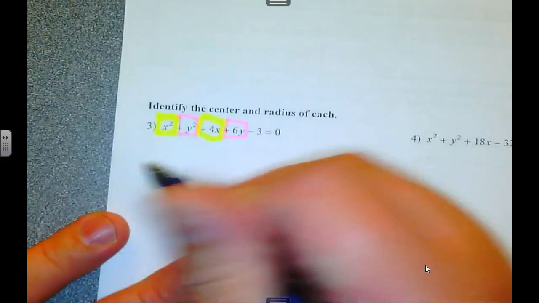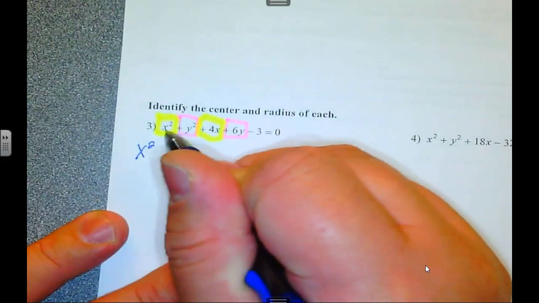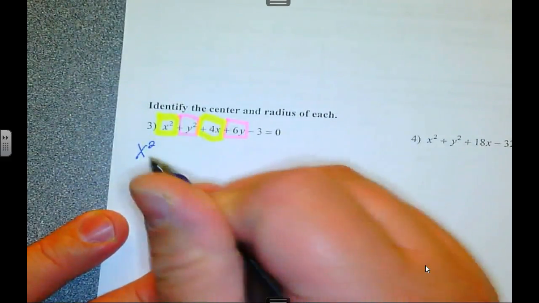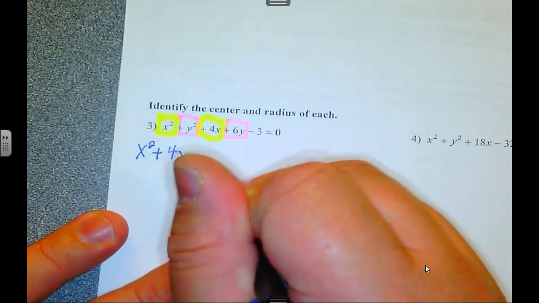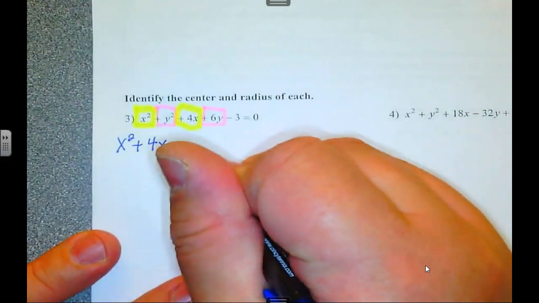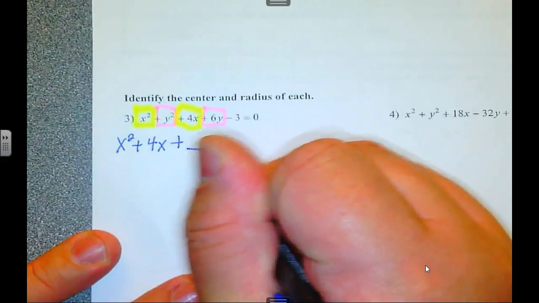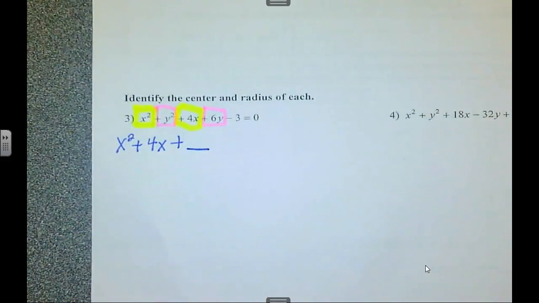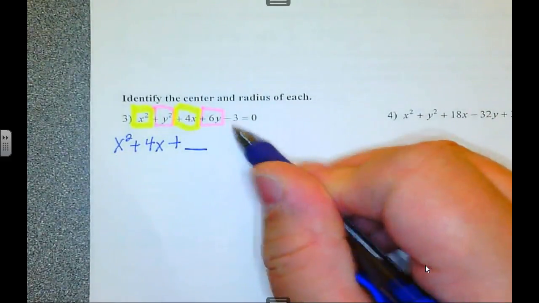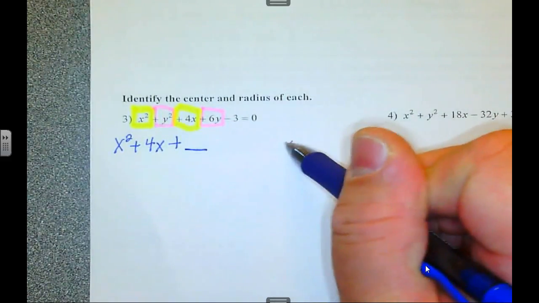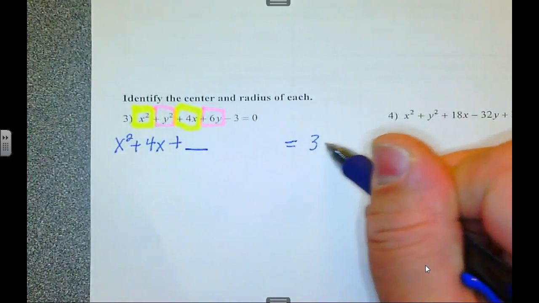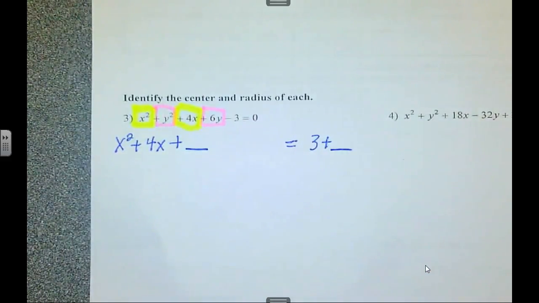Okay, so I have x squared plus 4x. And I'm going to add to it my perfect square to get my perfect square trinomial, which means, by the way, I'm going to put that 3 over there, which means I'm going to have to add that to the other side.